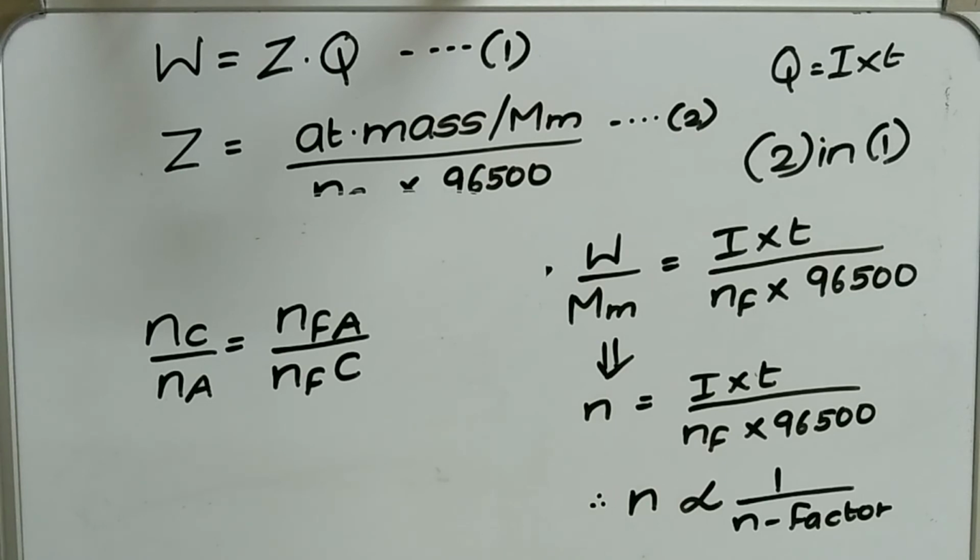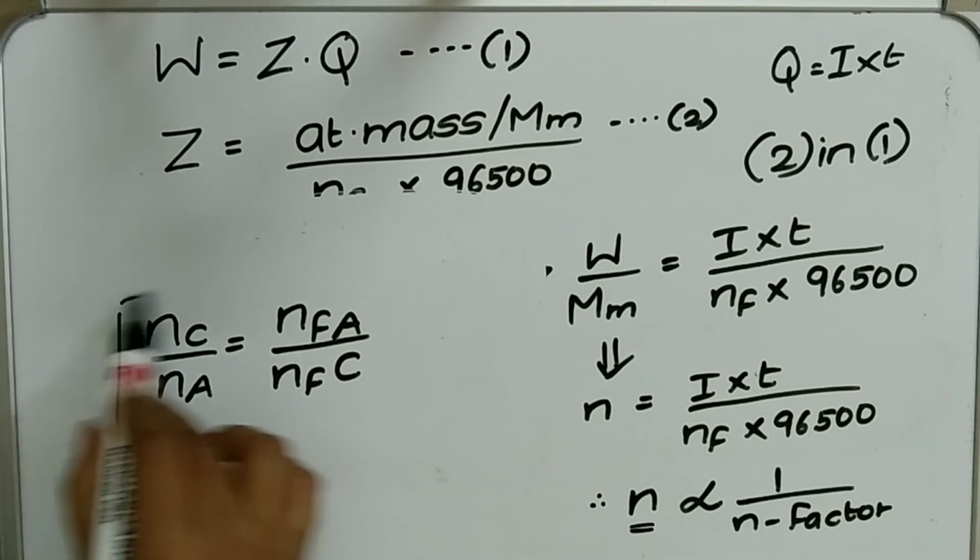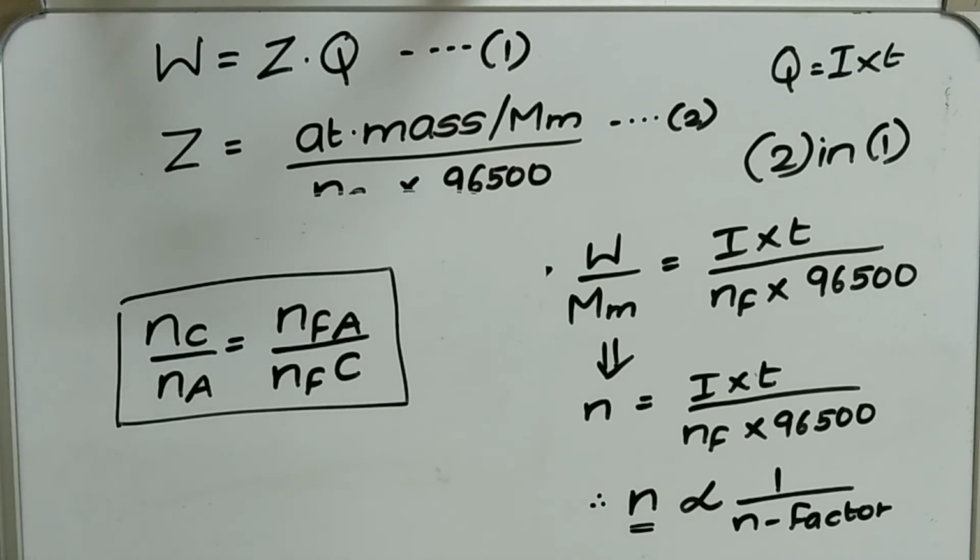Can I write this? Correct? I told you number of moles is inversely proportional to n factor. This n can be the number of moles at anode or at cathode. So finally we are getting this equation. So hope you have made a note of all these equations, very important in the numericals.